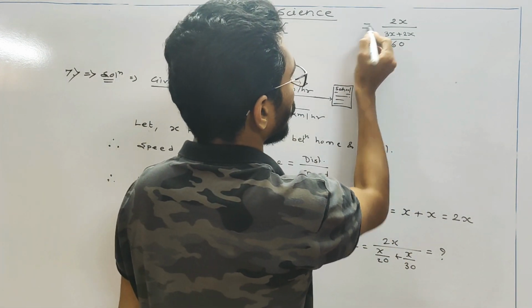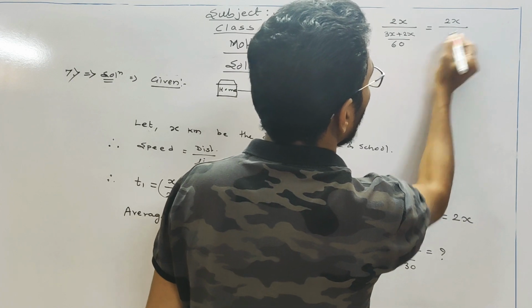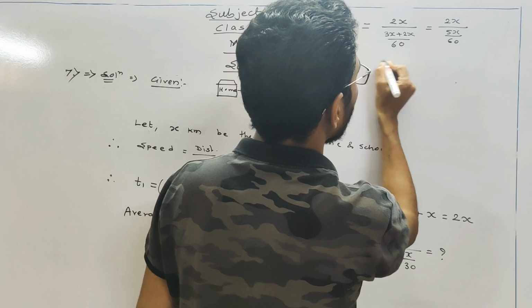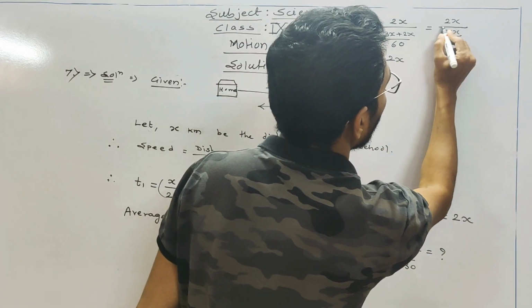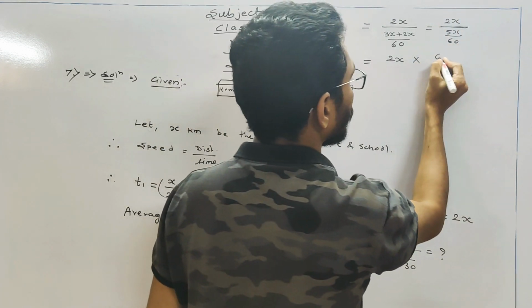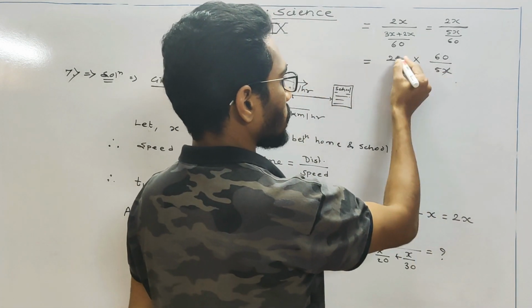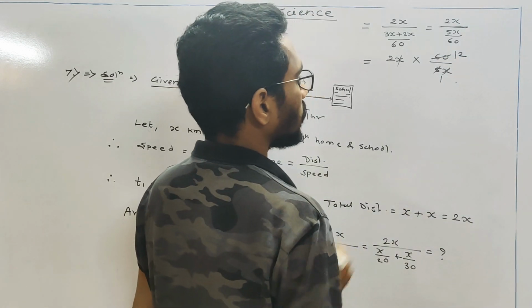Okay, then that is equal to 2x by 3x plus 2x, 5x by 60. Therefore, here you will get 2x. This sign is division, I will take multiplication, so the reciprocal of it. x cancels. 5 ones are 5, 5 twelves are 60.